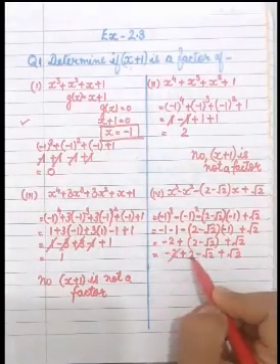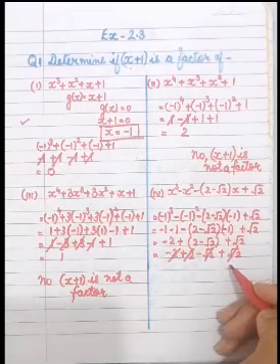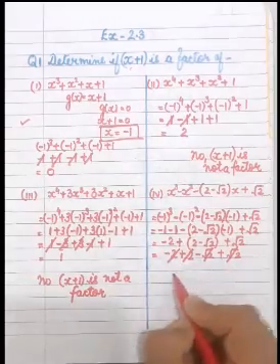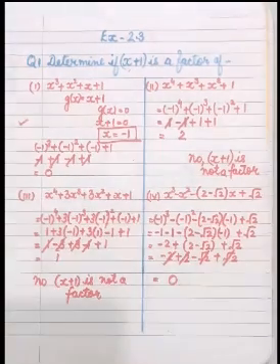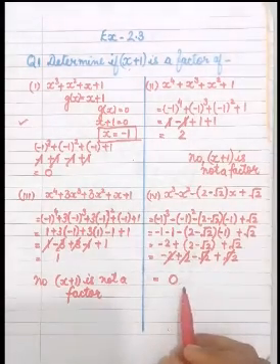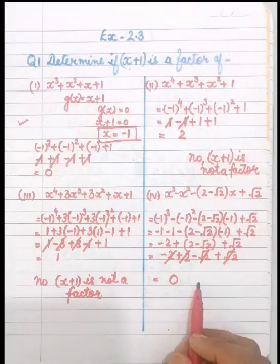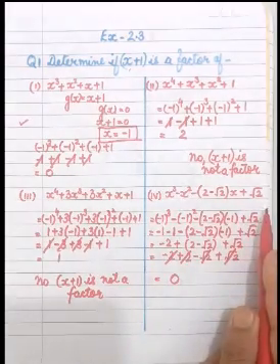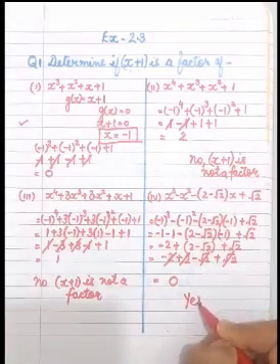So this cancels with this and this cancels with this. When we solve it, you can see that we get 0 here. So I get 0 in the fourth case also. So yes, minus 1 satisfies the given polynomial, and we can say that x plus 1 is a factor in this case.